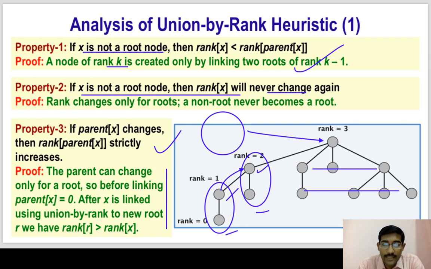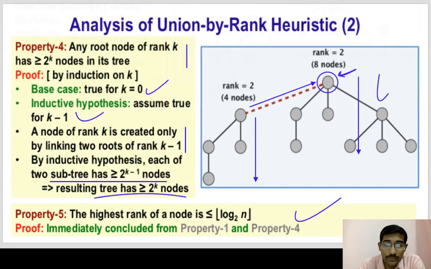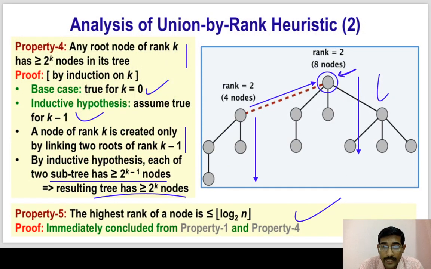So if you go via any path, the rank of x is obviously less than the rank of its parent, which is p of x. So if you go through any path, it happens.